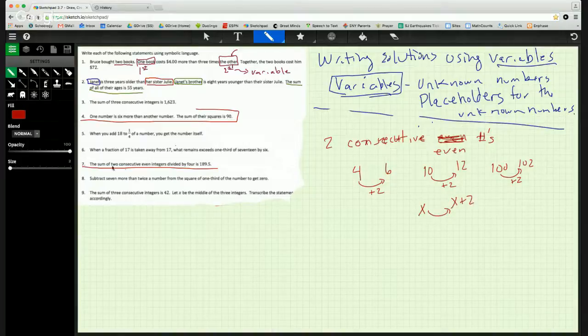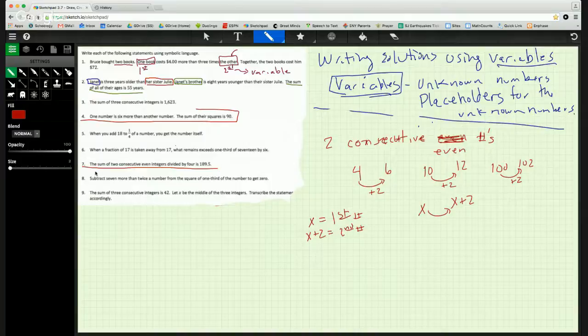So when you're dealing with even numbers or odd numbers, you have to say x is the first number, and then x plus 2 is the second number. So that's different than just consecutive numbers, which is like 4, 5, 6, or 1, 2, 3. Consecutive even numbers is 10, 12, 14. So the second number is 2 more than the first number.